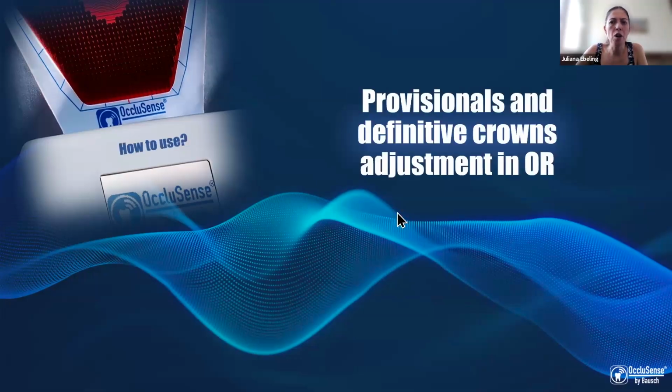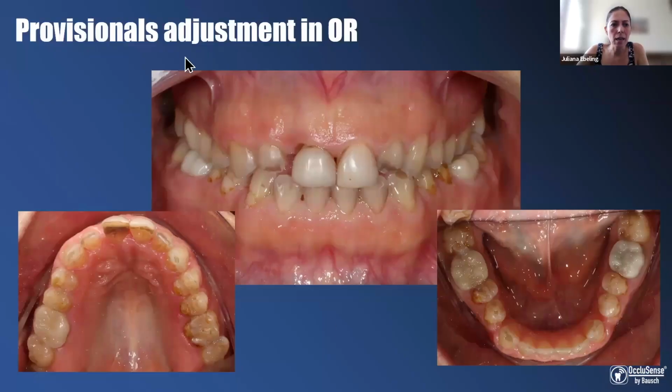First one is for provisional crowns. Here is a case. This patient came to me because of teeth sensitivity and erosion because of gastric reflux. But we have a crossbite and periodontal disease here.